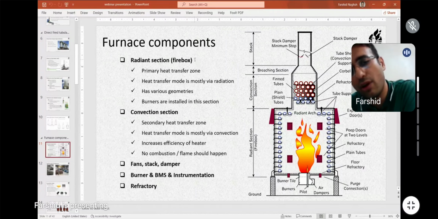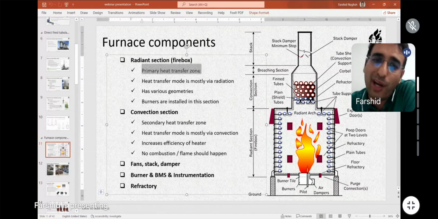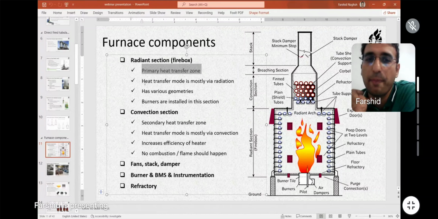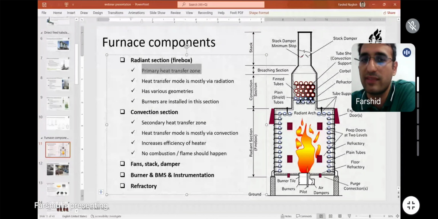The radiant section, which is also called a firebox, is the primary heat transfer zone. Most of the heat is transferred inside the radiant section. Heat transfer mode is mostly via radiation. Yes, the name implies that most of the heat transfer is via radiation.